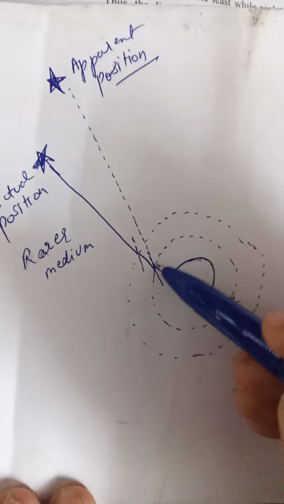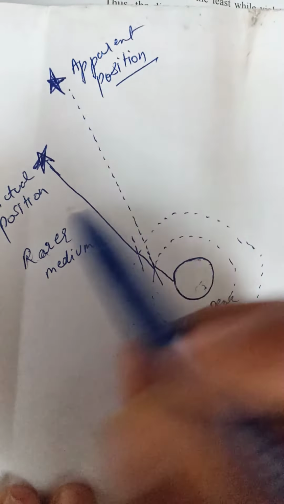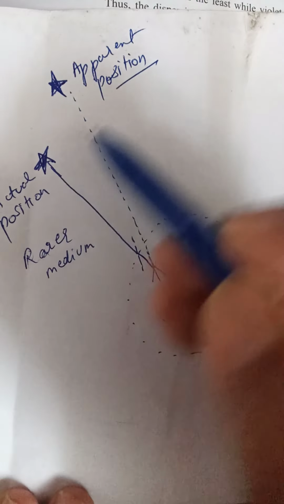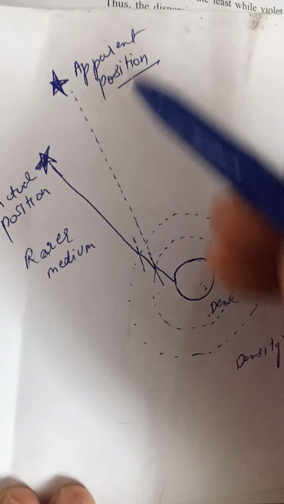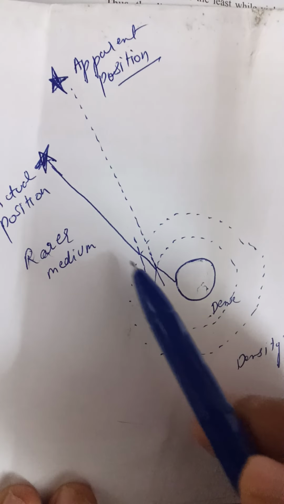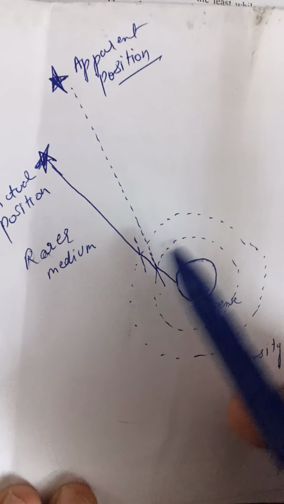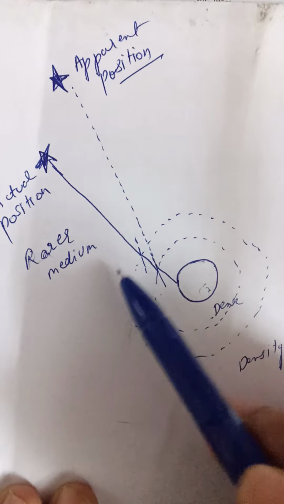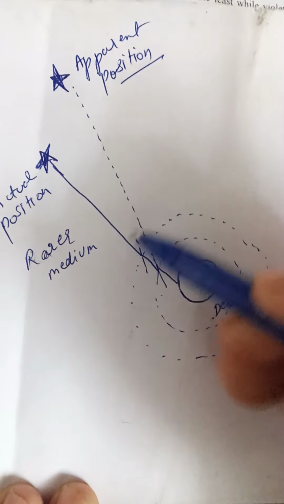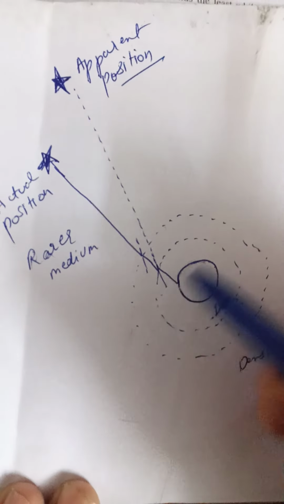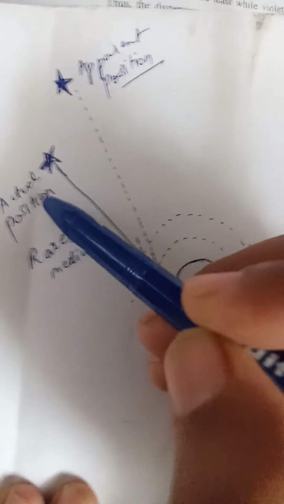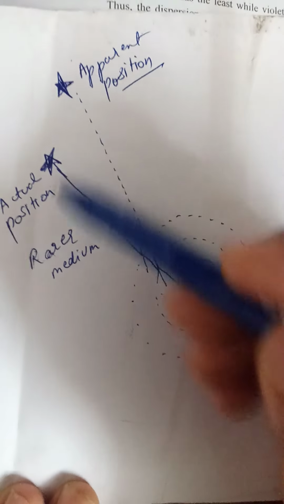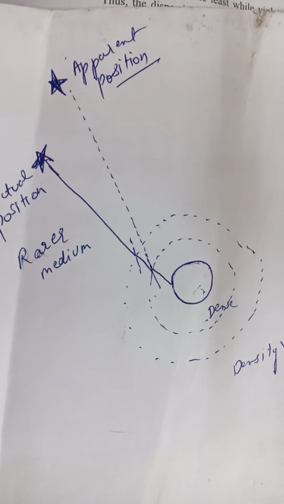When we trace the path of this light, you can see that the star is actually here but appears to be here, and due to the bending of light, the light path goes on changing. The first path is changed, and here again it is changing. Due to the changes of the path, the stars appear to twinkle.